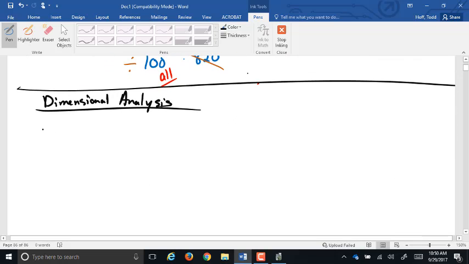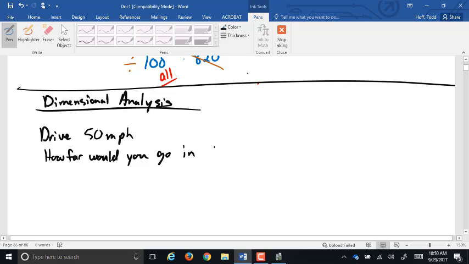You know, for example, let's say you drive 50 miles per hour, mph. How far would you go in 6 hours?